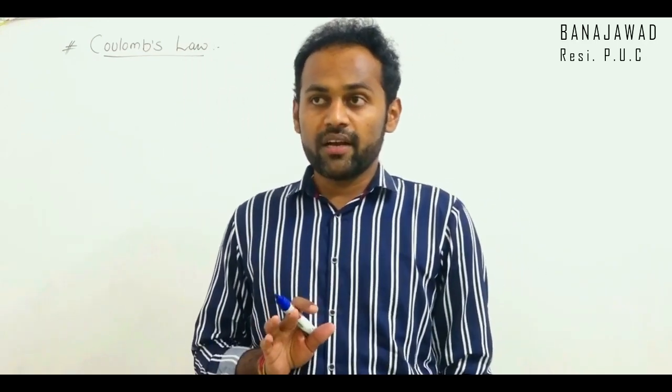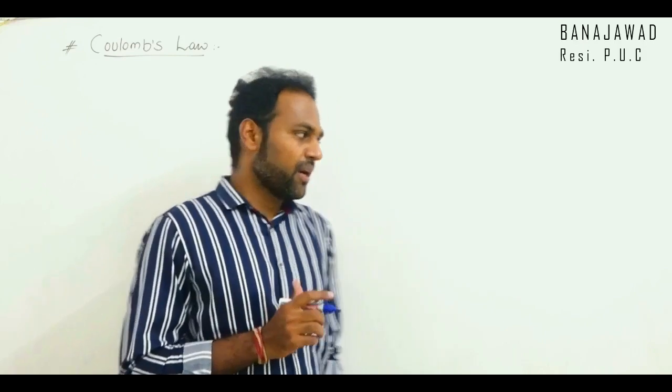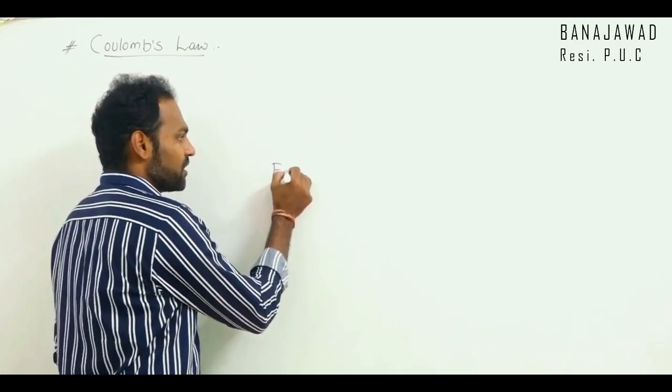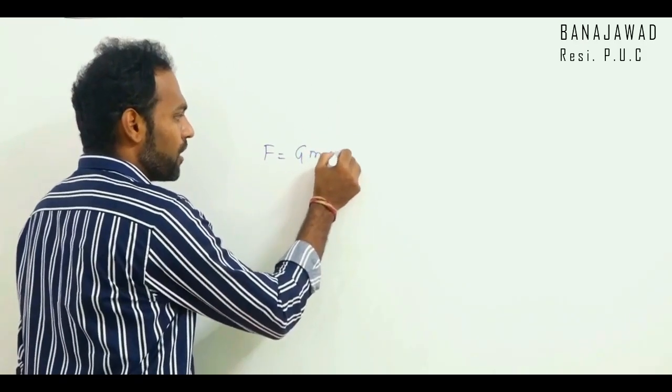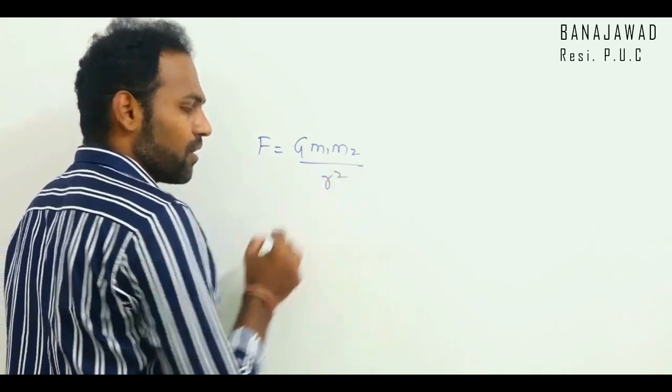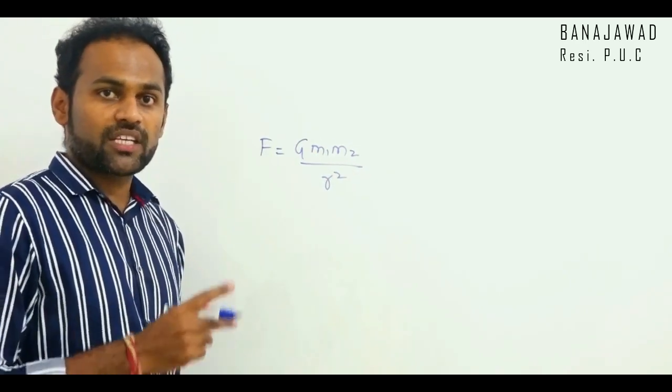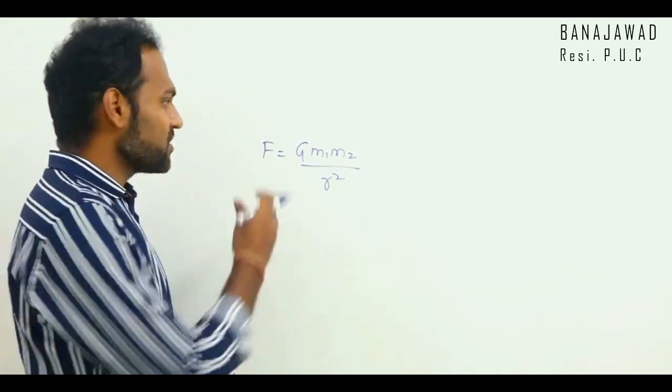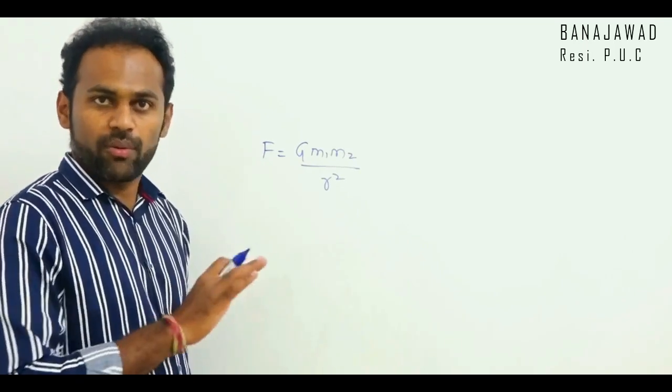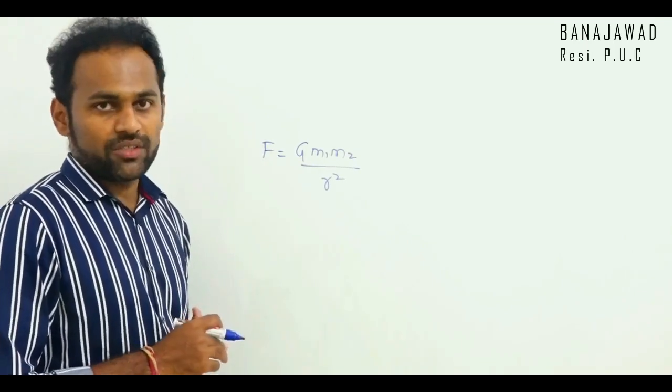If two bodies have masses m1 and m2, then there will be a force of attraction between them, given by F is equal to G m1 into m2 divided by r square. This is the gravitational force of attraction between any two bodies in the universe. It is called the universal law of gravitation, given by Newton, which is also called Newton's law of gravitation.